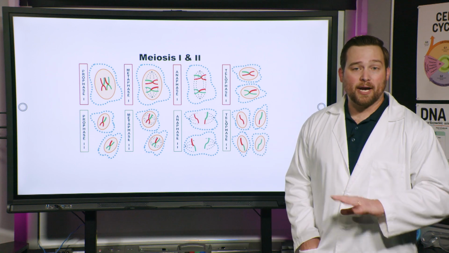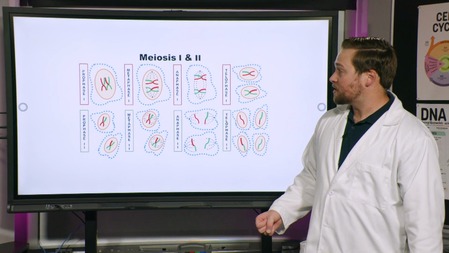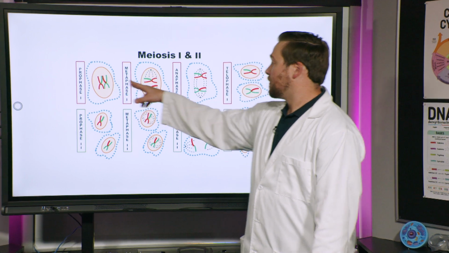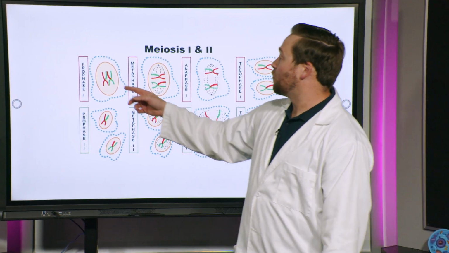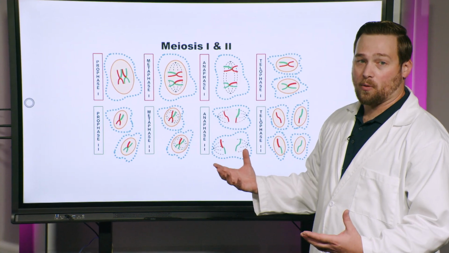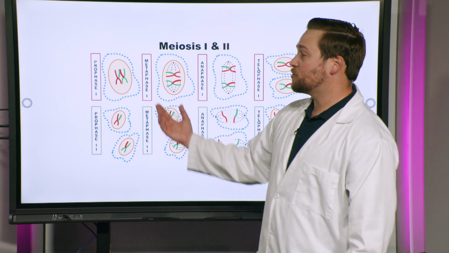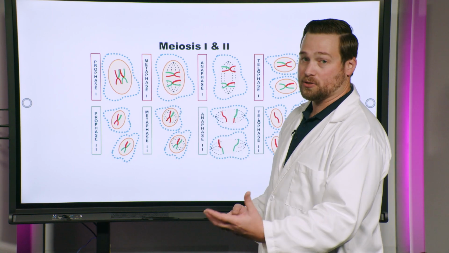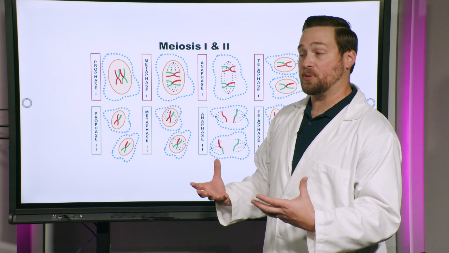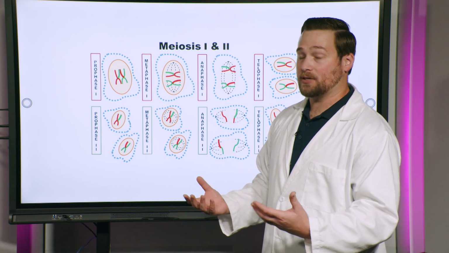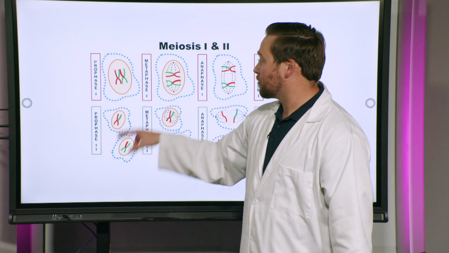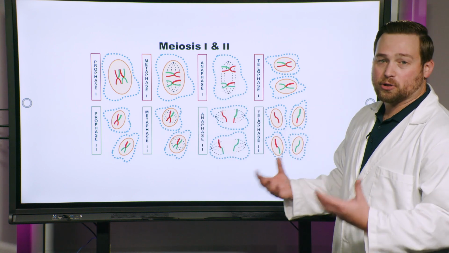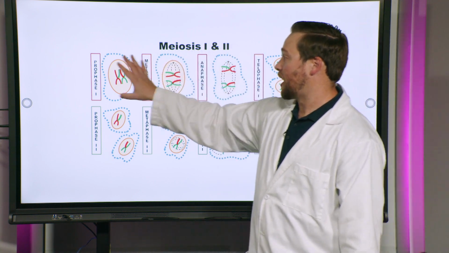So here's a breakdown of what's happening again. Up at the top, this is meiosis 1. Some key things that I want to point out: you really want to be able to tell the difference between homologous chromosomes and sister chromatids, because that's really going to help you determine what phase you're in. Right now they're labeled, but you can imagine how tricky this would be if you didn't have the words right next to it.